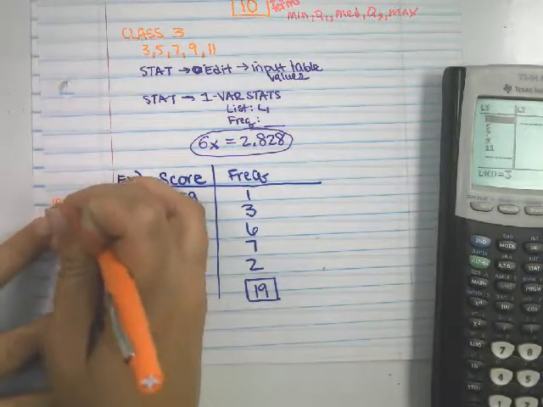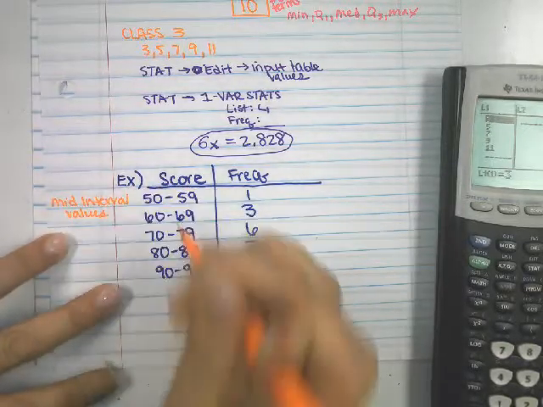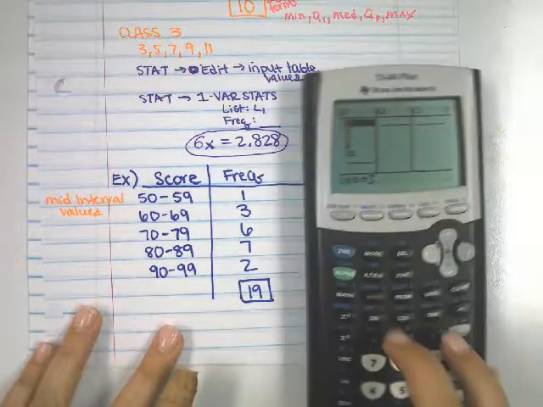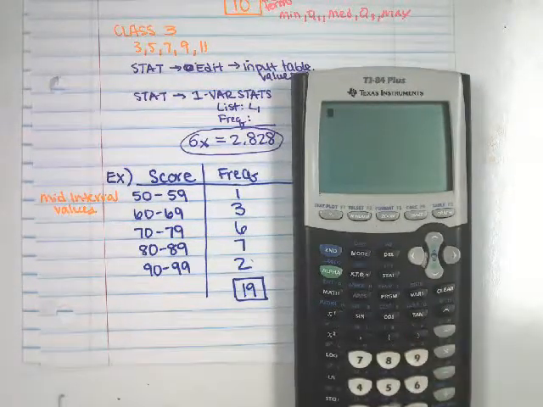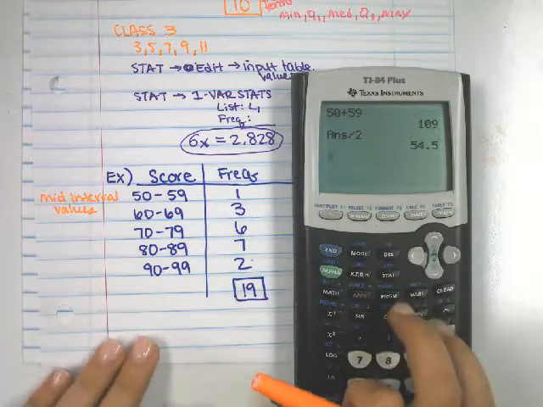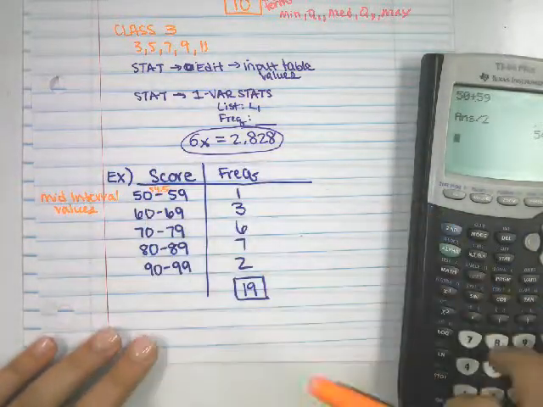So we need to find the mid-interval value for each of these scores. To do that, we average the numbers. 50 plus 59 divided by 2. So we look for the middle number between those two, which is 54.5.